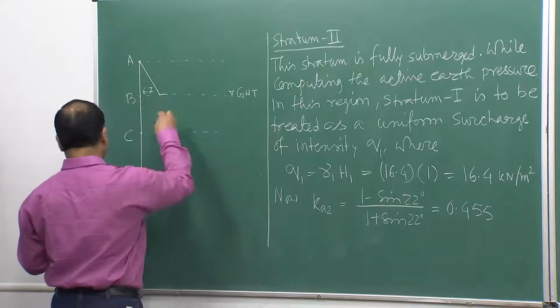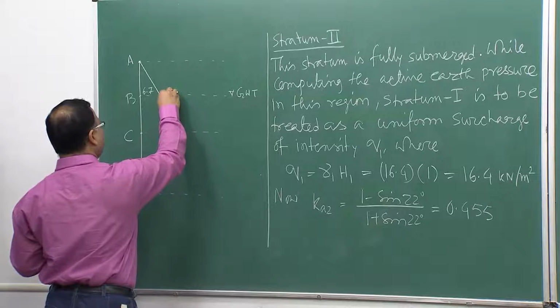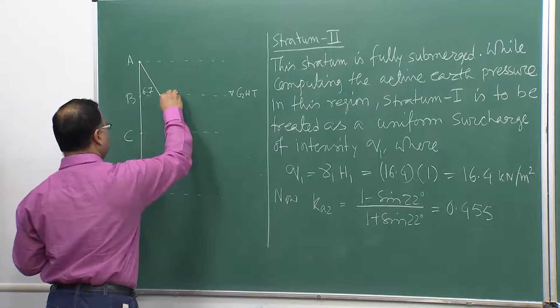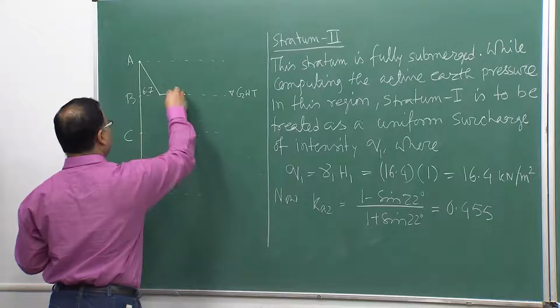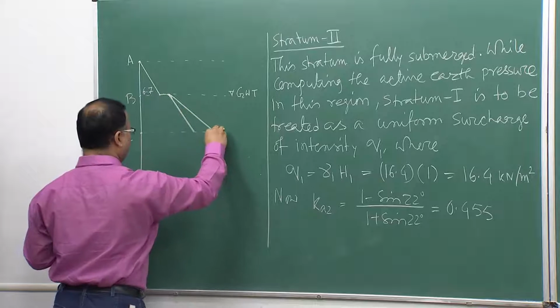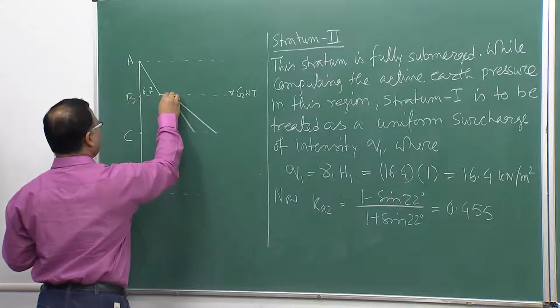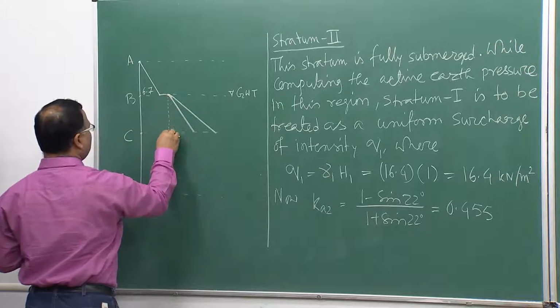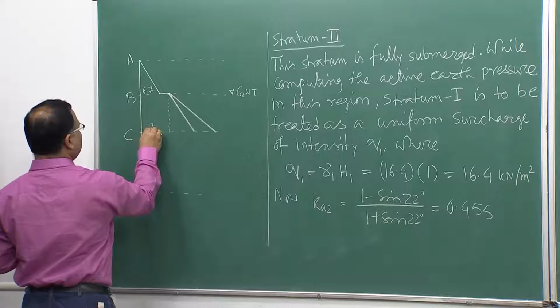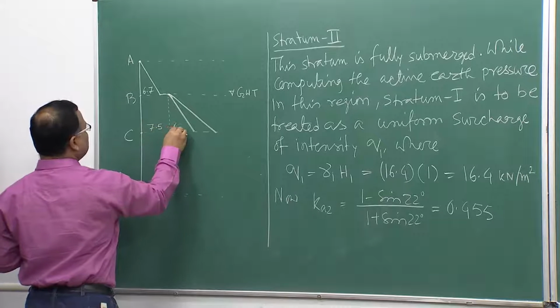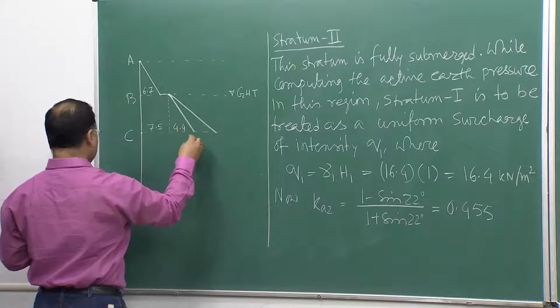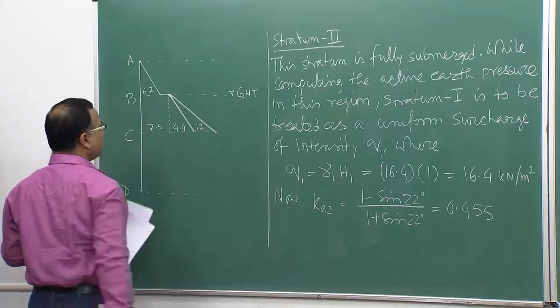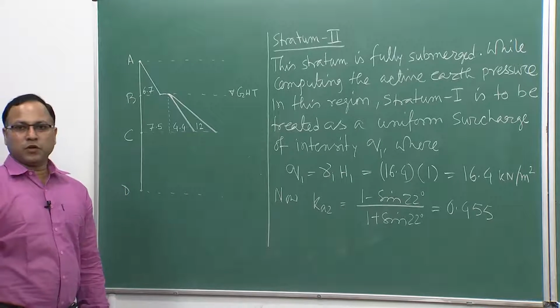So, your plot will be, so this is your 7.5, this is your 4.4, and this is your 12. Okay.